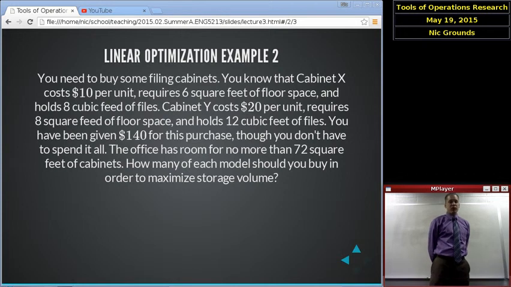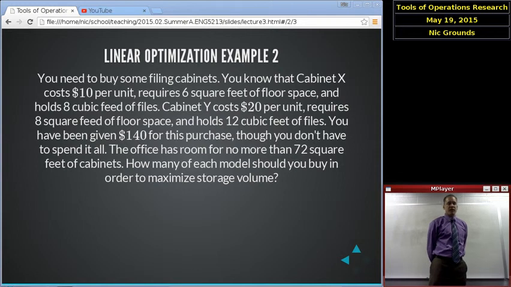You've been given $140 for the purchase, though you don't have to spend it all. Okay, so it's not a hard constraint, it's a less than or equal to constraint. The office has room for no more than 72 square feet of cabinets. How many of each model should you buy in order to maximize storage volume?